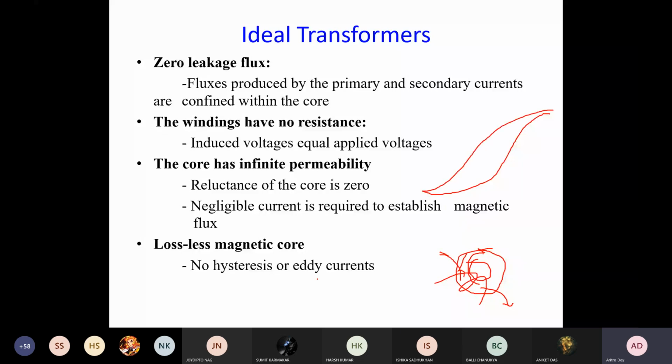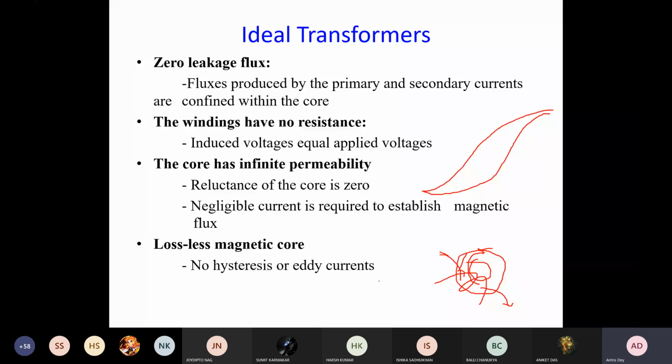Negligible current is required to establish the magnetic flux. That is also not correct, because permeability is not infinite. If your mu is infinite, then your reluctance is less, and for minimal excitation you will get the desired flux, but that is not the actual case, right? And a lossless magnetic core, as I told, has no hysteresis or eddy current loss.